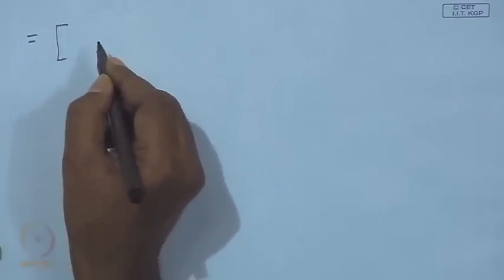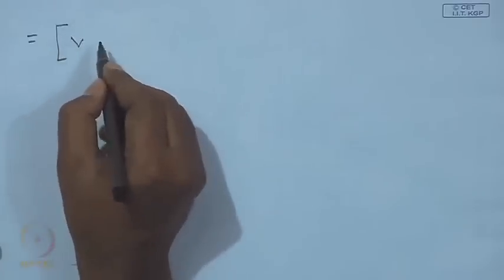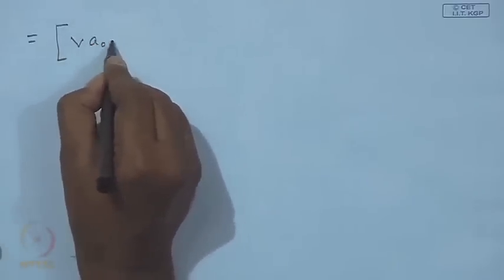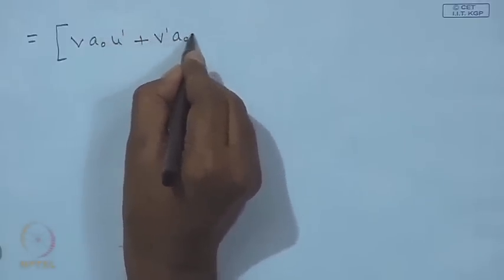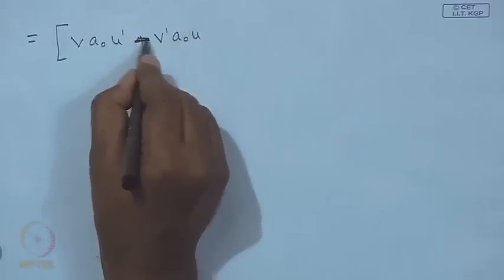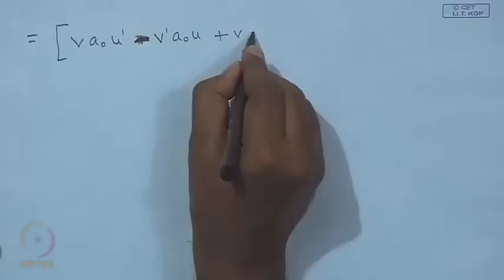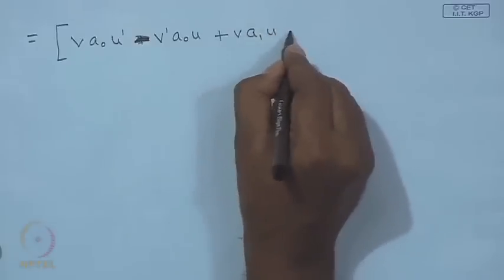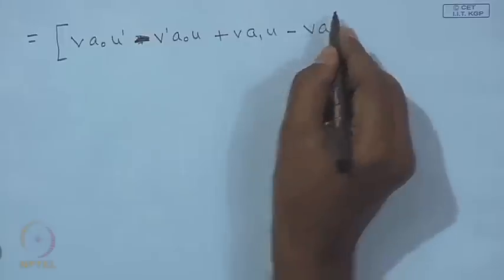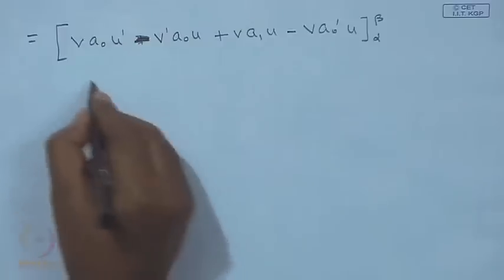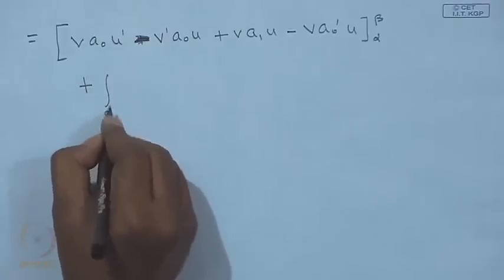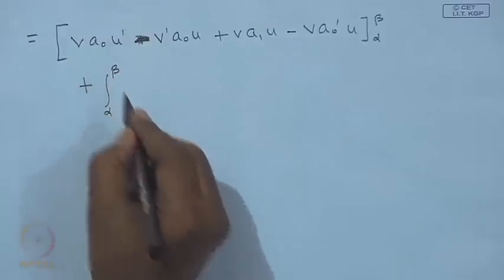So, just write this equation as v a 0 u prime plus v prime a 0 u minus v prime a 0 u plus v a 1 u minus v a 0 prime u evaluated from alpha to beta, and this becomes a 0.